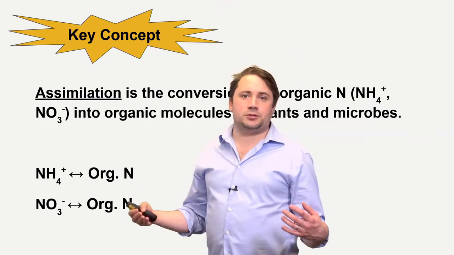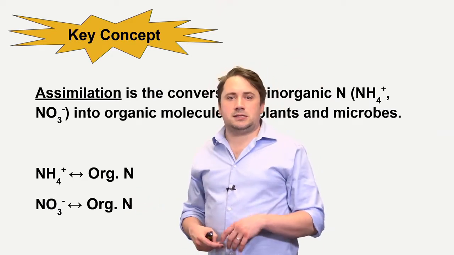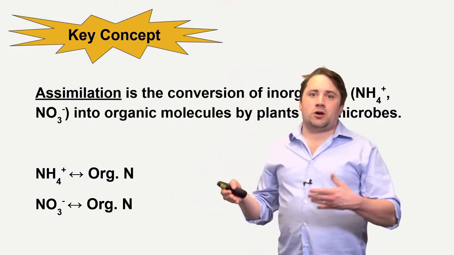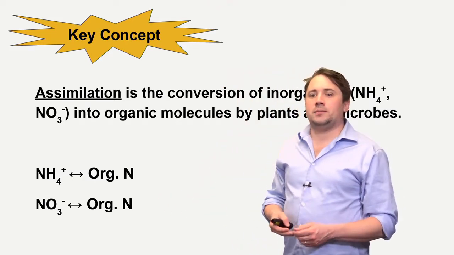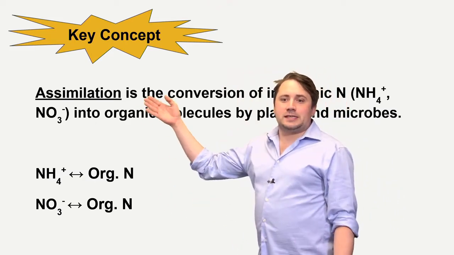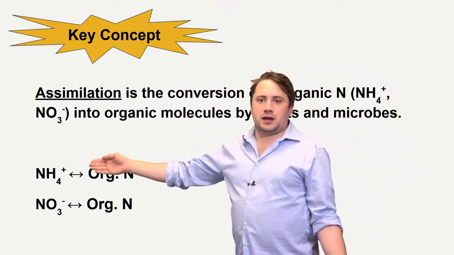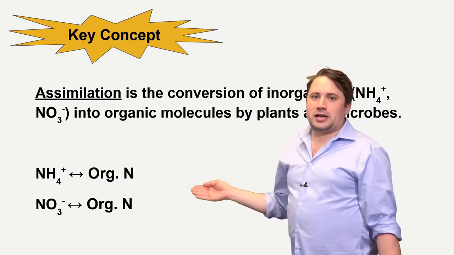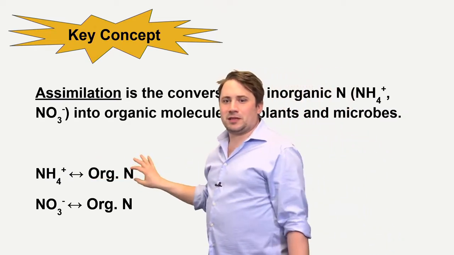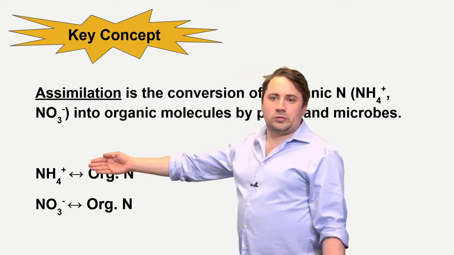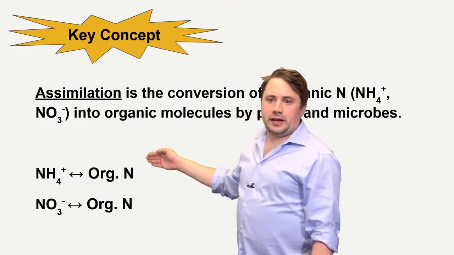Proteins are incredibly nitrogen-rich substances. Proteins are made up of amino acids. Amine groups are nitrogen-containing groups. And so plants assimilate nitrogen into their tissues via these reactions. These are kind of generalized reactions. They don't have a Gibbs free energy associated with them because this is a vague term. But it's just conversion of inorganic forms of nitrogen, shown here, into organic forms.